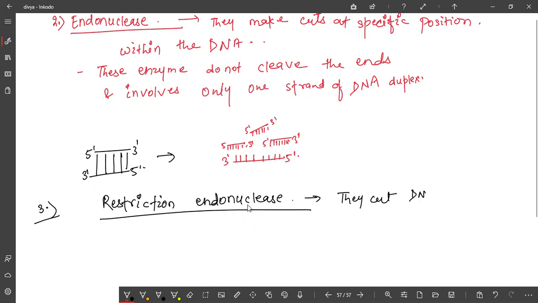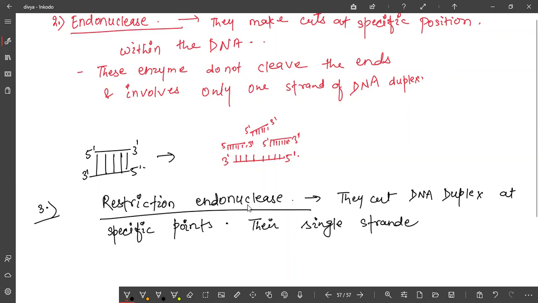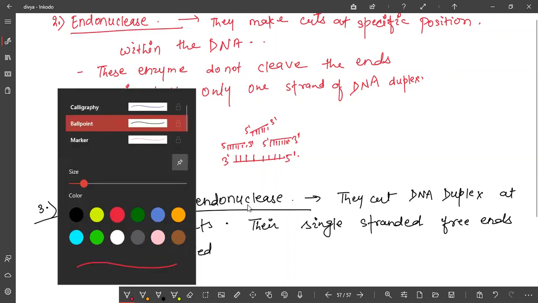they cut DNA duplex at specific points, and the single-stranded free ends are called sticky ends.